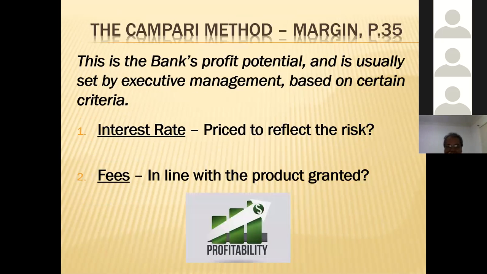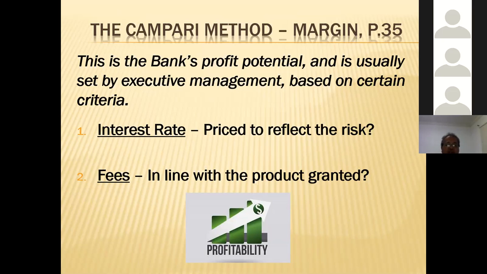I begin by saying that margin, starting on page 35 of your text, the bottom section, is the bank's profit potential. This is usually set by executive management, and there are certain criteria that they look at. We'll get into that in a little detail.